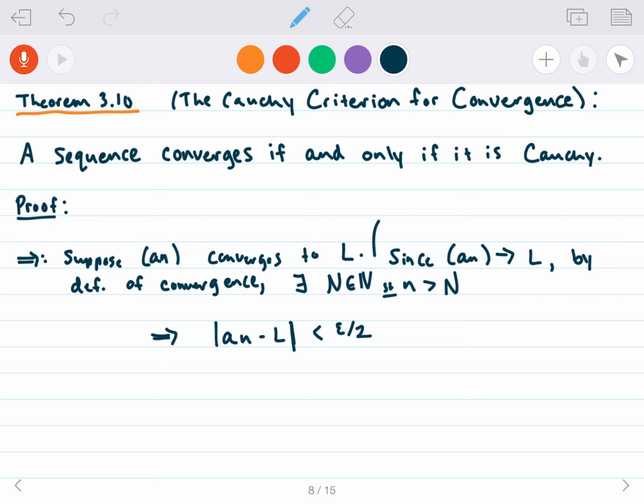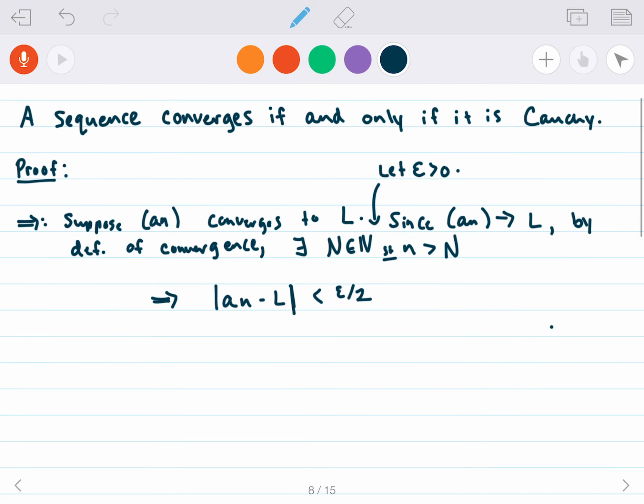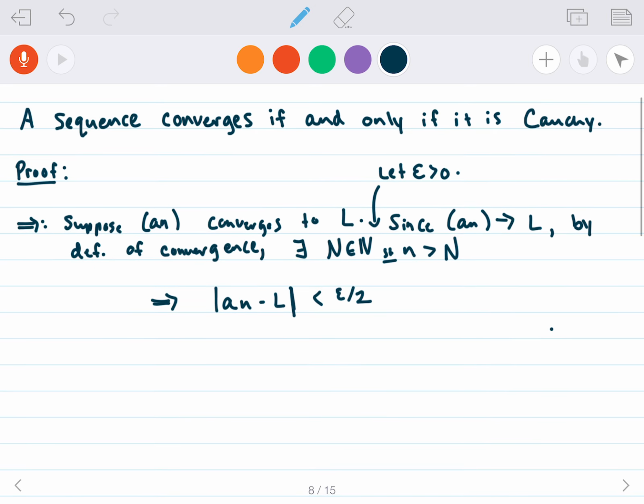And maybe I should have put let epsilon be bigger than 0 right here. Sorry about that. So the old epsilon over 2 trick and the triangle inequality go hand in hand together. If you're ever trying to prove something about convergence, the triangle inequality and epsilon over 2 are always good ideas to have.